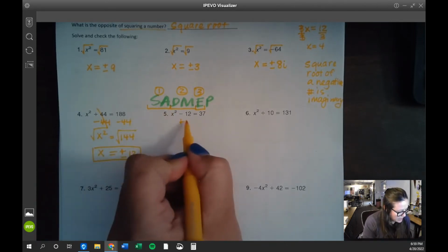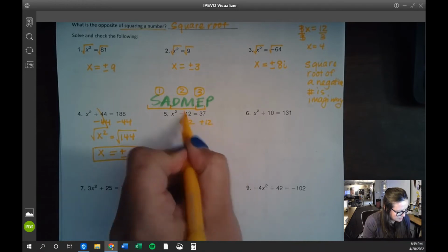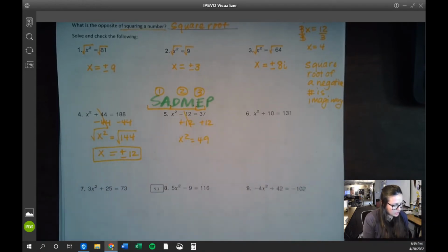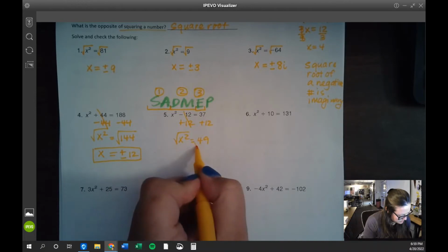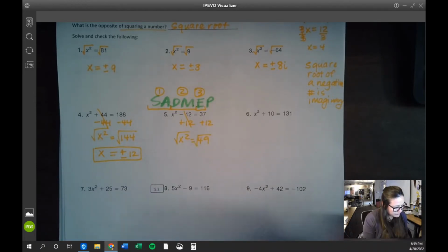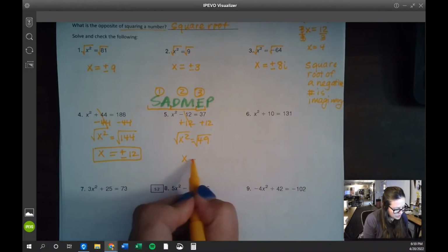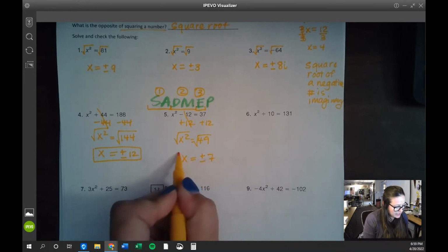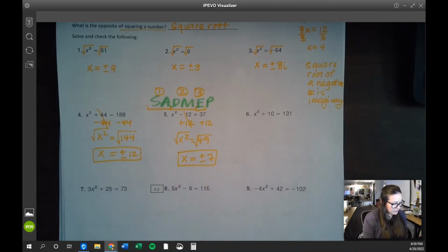So I'm going to add 12 to both sides. 37 plus 12 is 49. To undo squaring something, I'm going to take the square root. Square root of x squared is just x. Square root of 49 is plus or minus 7.